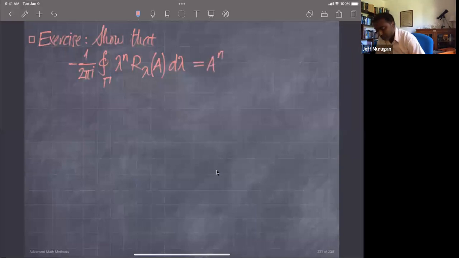the nth power of the matrix A, where here n equals 0 is the case we studied just now, but n can also equal 1, 2, 3, etc. Okay, so this is pretty neat actually, right?